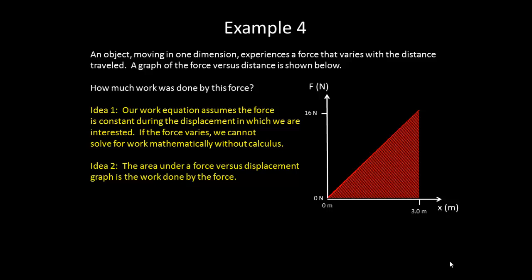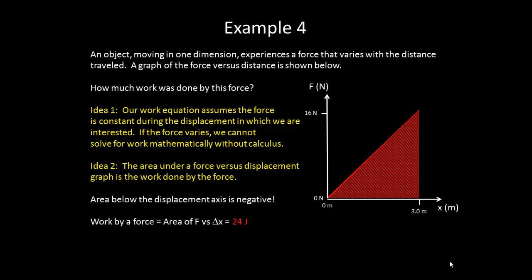But if we have a graph, we can use the idea of calculus, the idea of looking at the area under a curve. For this case, our area under a force versus displacement graph is the work done by the force. The area below the displacement axis is negative. So if we had something where the force was negative, we would end up having a negative work done.